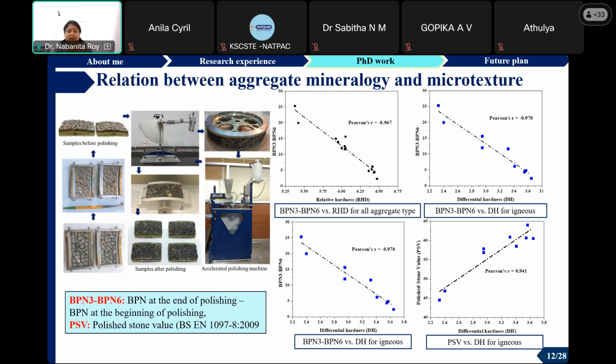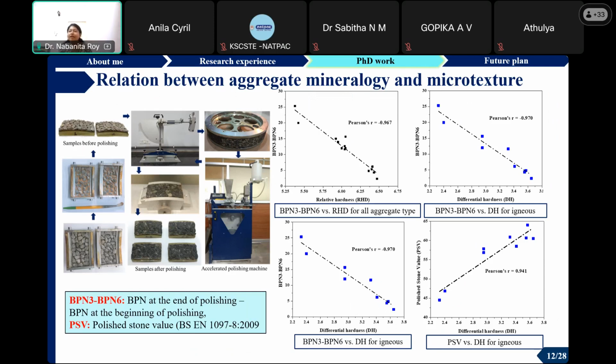You can see from the chart that I have just shown some correlations. BPN3 minus BPN6 versus RHD, relative hardness, has more correlation. And mind that the black data points consider all the samples, but the blue data points on the three charts are only for igneous samples.